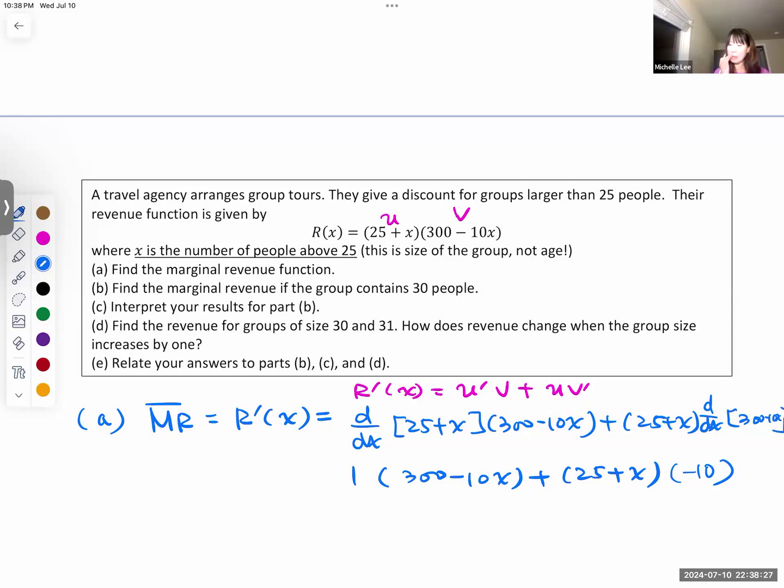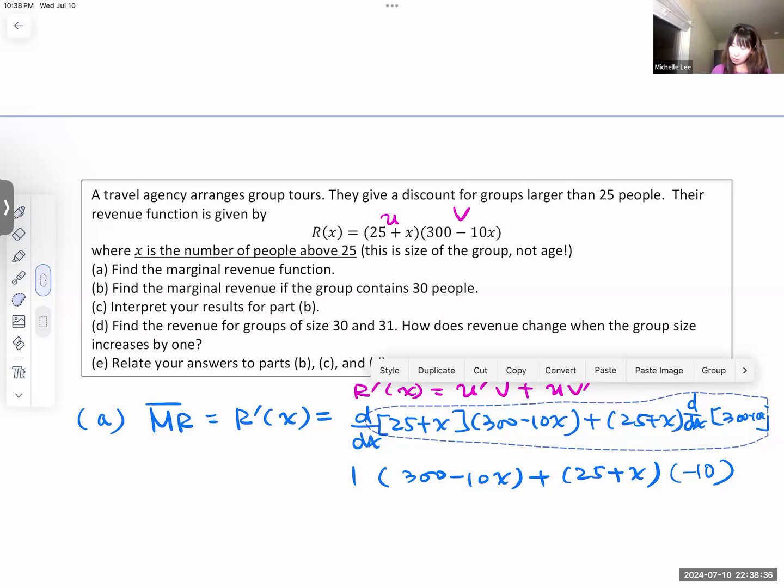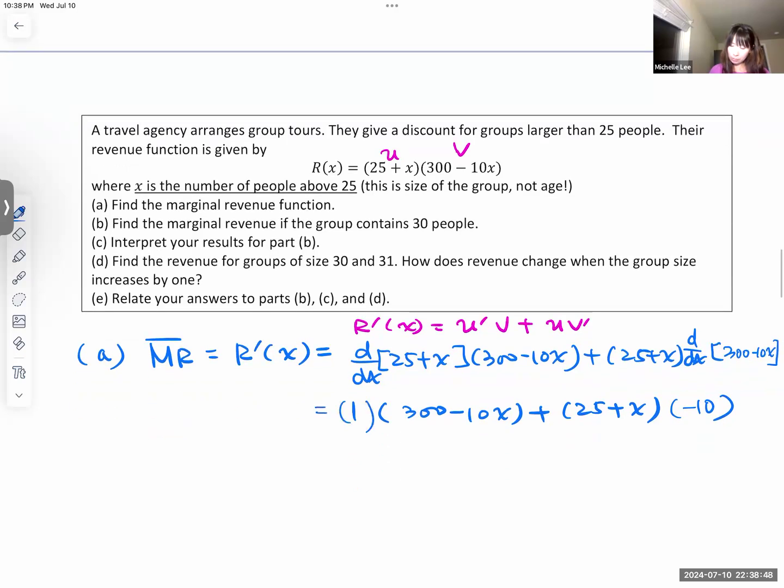Sorry, no space. Yeah, can you see? A little bit. Put it over here. And then 300 minus 10x. Yes, that's how we got it.